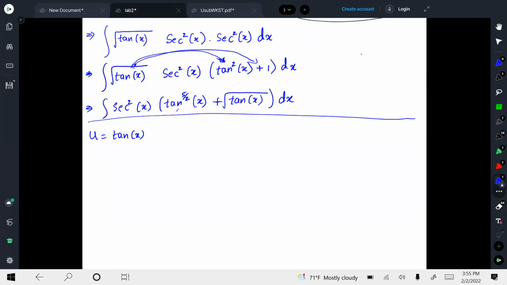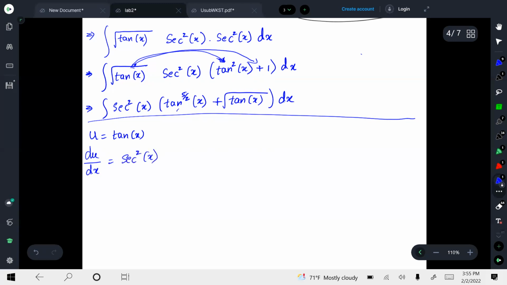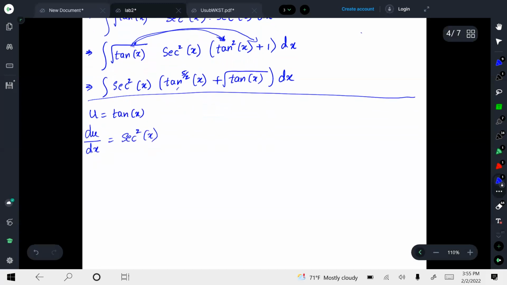So I can take u as tan of x, right? So now find the derivative. We know that the derivative of tan of x is secant square of x, right? Okay, once you do that, you are going to find what dx is. How? Just exchange the numerator with the denominator. So this becomes secant square of x.